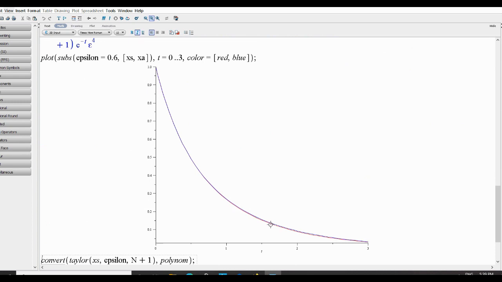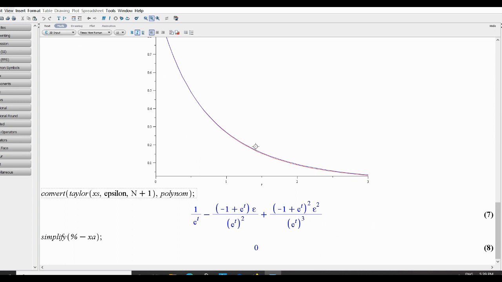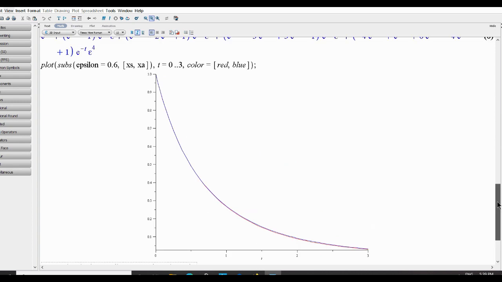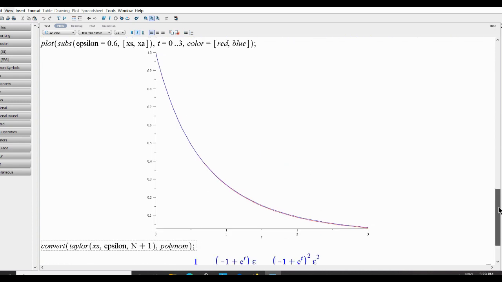But I emphasize, as I have told you in the previous lecture or the one before, this is an asymptotic series. If I fix epsilon at some value and take more and more terms, it is not necessarily going to be better. But if I fix the number of terms and take epsilon smaller and smaller, it will get very, very good. In this case, it seems that for epsilon equals 0.6 it is getting better so far, but there are no guarantees.